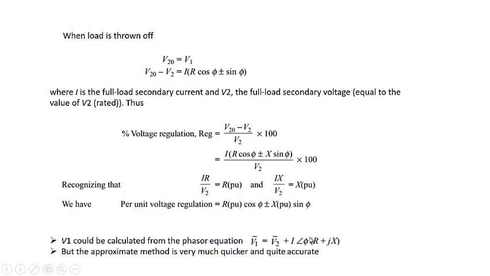But that error will be very small, small enough to be neglected. And here we reach the final result much quicker, and as I have told you, the error will be very small, so we can consider it quite accurate. But the phasor equation will give you the exact value of V1. That is why this approximation is dependent upon delta. If delta is very large, then you cannot use this equation; you have to go for the exact equation.